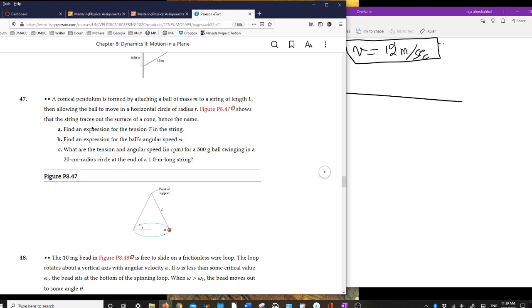And then he said, find the expression for the tension T in the string. Okay, so we have a tension in the string. And then also find the expression for the ball's angular velocity, omega. And then he said, what is the tension? And he gives you numbers. So you can do the numbers. Basically, we want to find a symbolic expression, and then you put in the numbers to get the answer. So I'm going to do part A and B, the hard part. The easy part is part C, right?